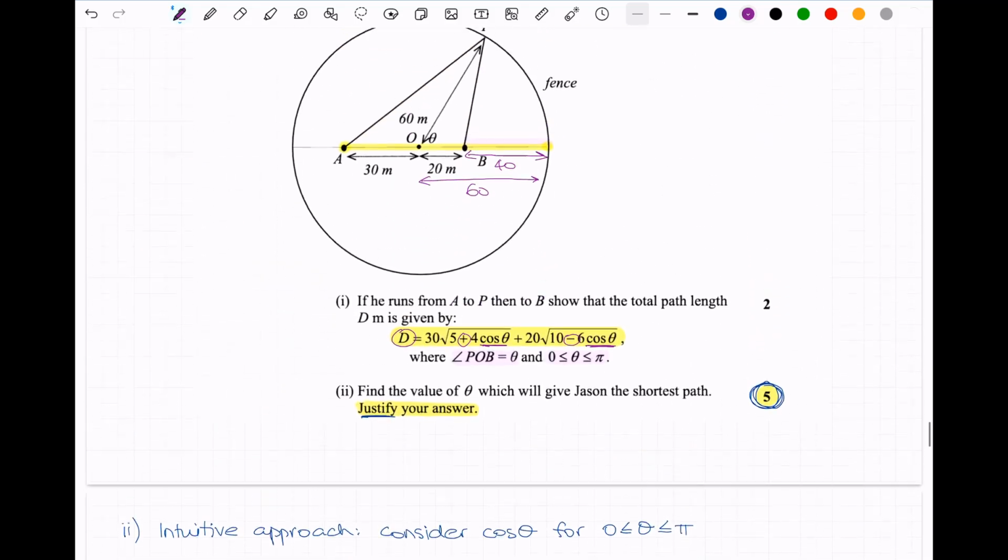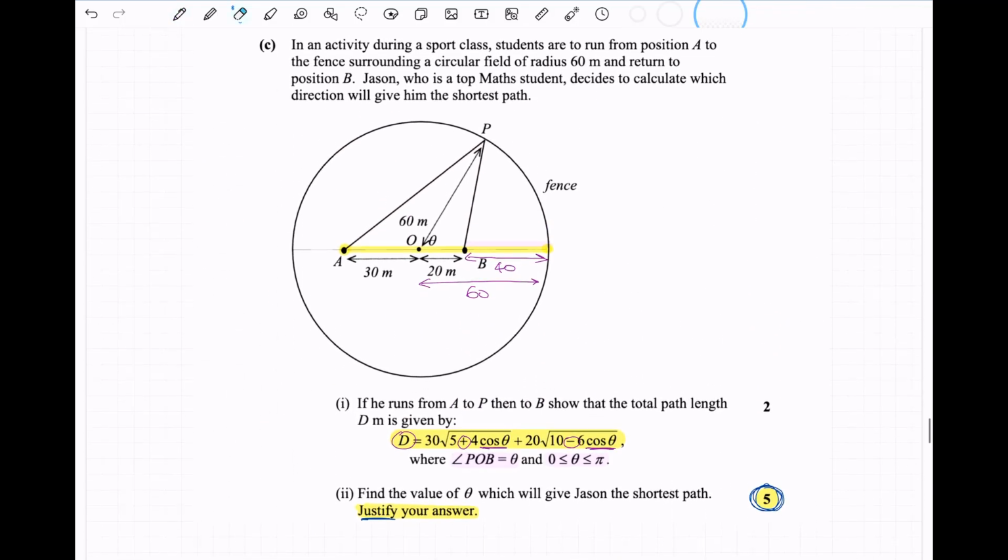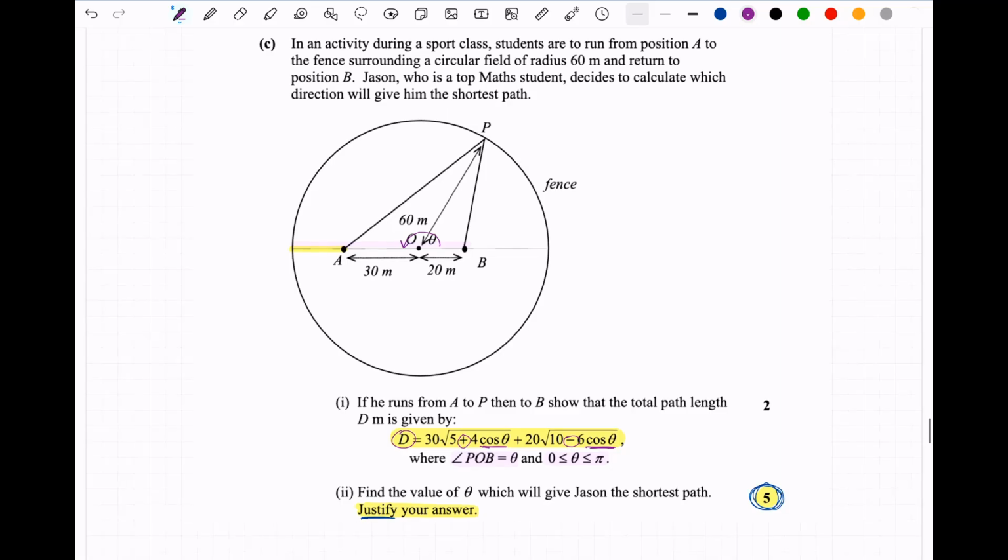And now if I do the other option, the 180 degrees, so I'll erase all this, what that really means is this theta has come over 180 degrees. And so if I'm starting at point A, I go this distance to point P, which would now be there, and then I come back to point B. And so again, if this whole distance is 60, because that's the radius, that means this must be 30.